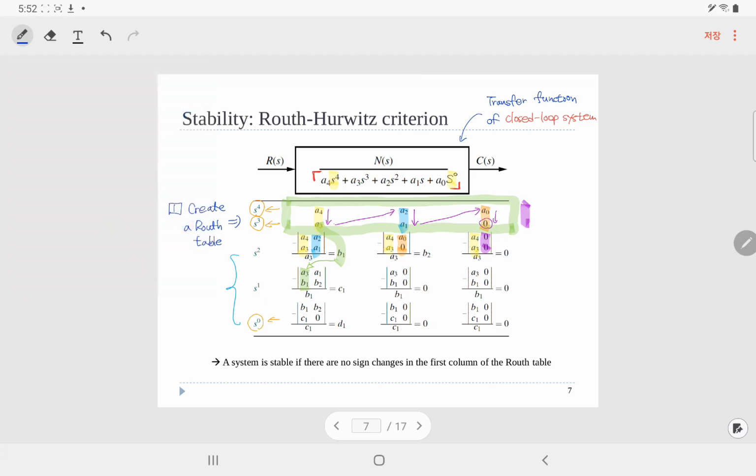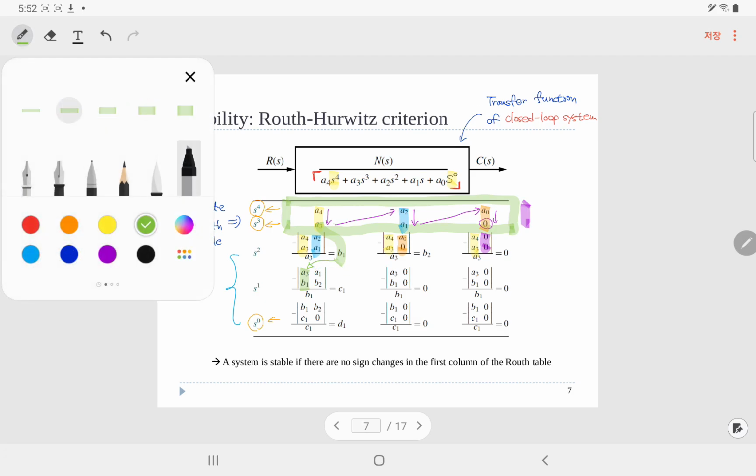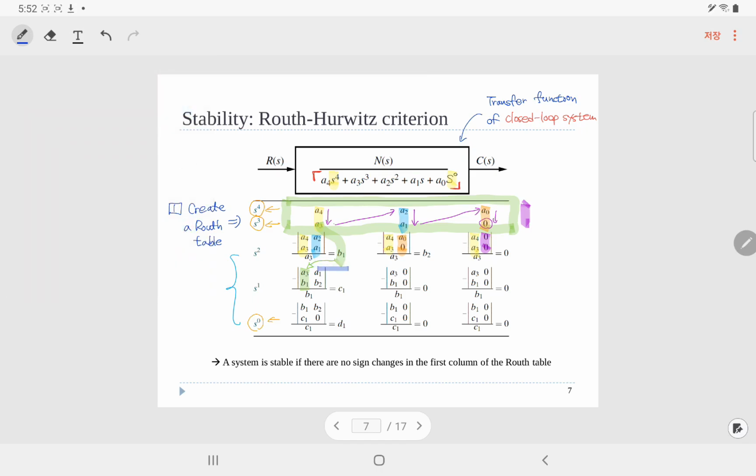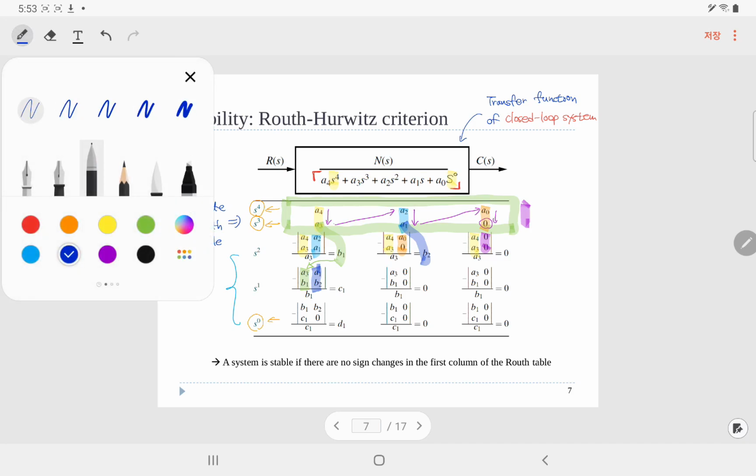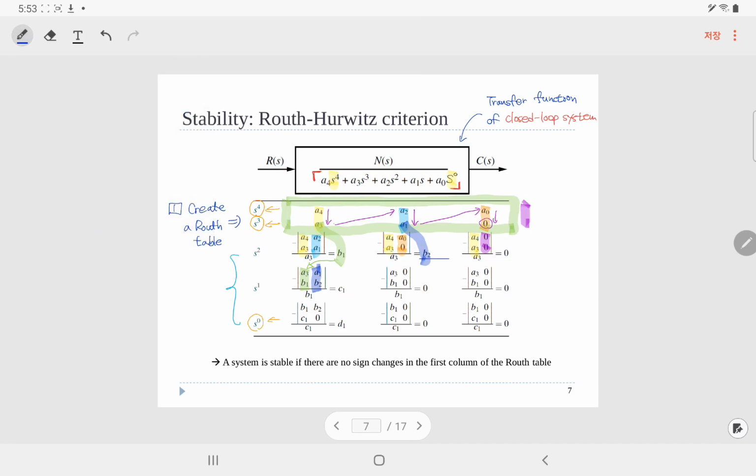Then consider the second column: A1 and B2 appear here. So we can say that this part becomes the second column. Here you can see that there is a certain pattern, and so I think it's not so difficult to remember the pattern to create the Routh table shown here.